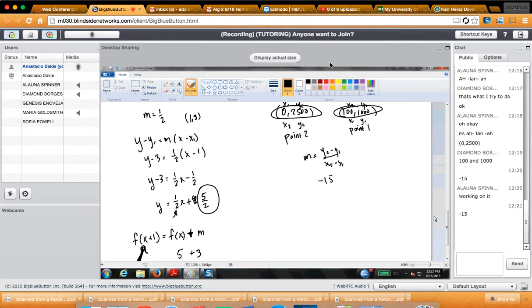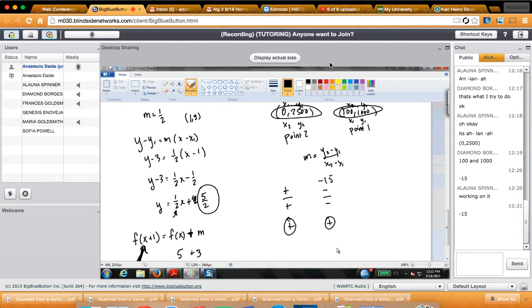The reason is that for one student, it's going to be a positive divided by a positive, and for another student, it's going to be a negative divided by a negative. So both give you positive, and they give you the same answer. You know what I mean?